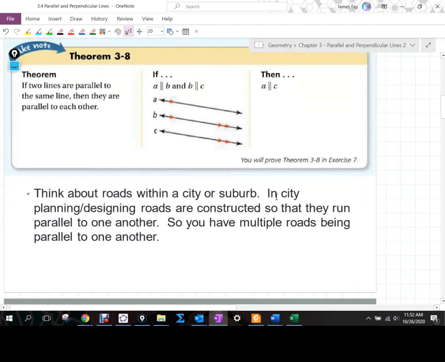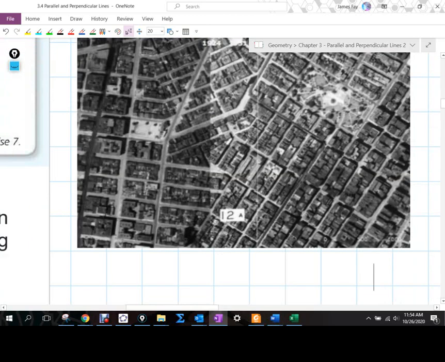So let's think about roads in the city or suburbs. Anybody ever been to New York City? Manhattan is designed this way, where you've got a bunch of parallel lines. All right, so here's an aerial view of Manhattan.